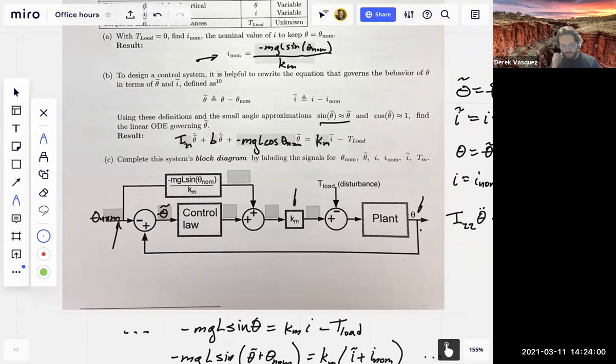And so then, let's come up this signal here. We put theta nominal into this function right there, that minus MGL sine theta nominal over Km. What comes out of that function?